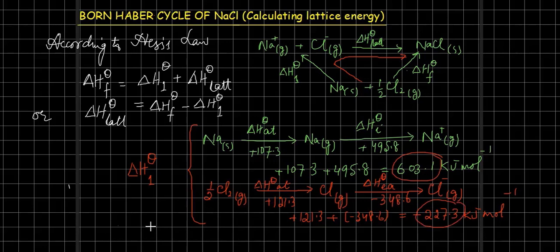So you can write it as 603.1 plus minus 227.3.